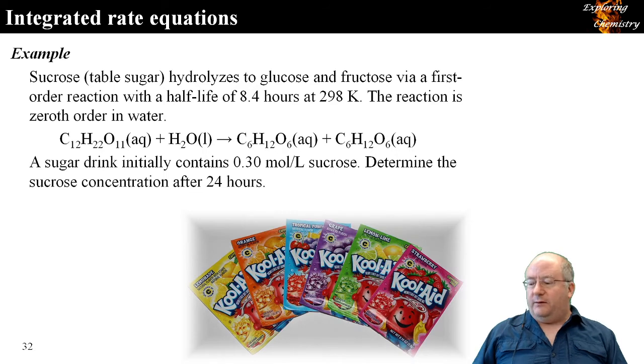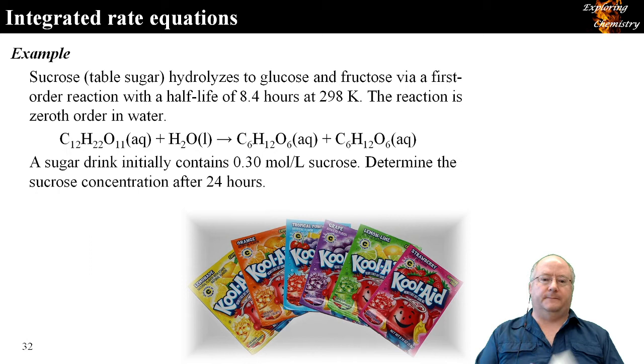So let's look at one way in which this can be applied. This is an example. Common table sugar is sucrose, which is a disaccharide. And when you put the disaccharide in water, it hydrolyzes to glucose and fructose.